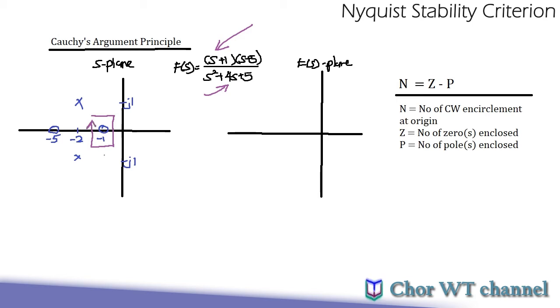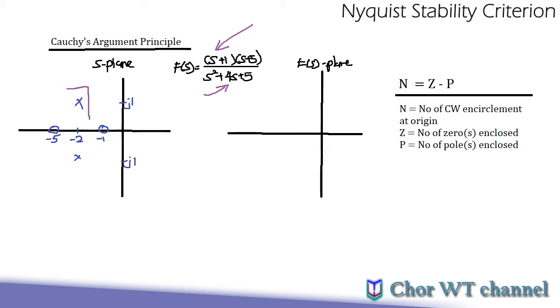With this, I'm trying to enclose the first zero at -1. According to the argument principle, if the path in the S-plane forms a contour like this that encloses the zero here, then the resultant mapped path will enclose the origin once, because the number of zeros enclosed is 1.